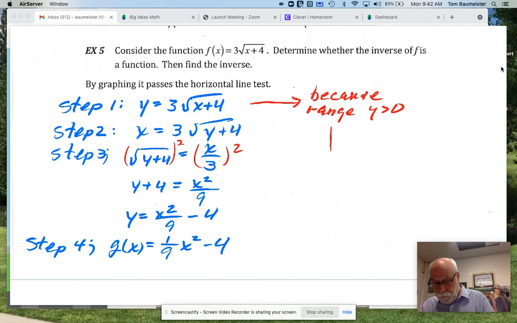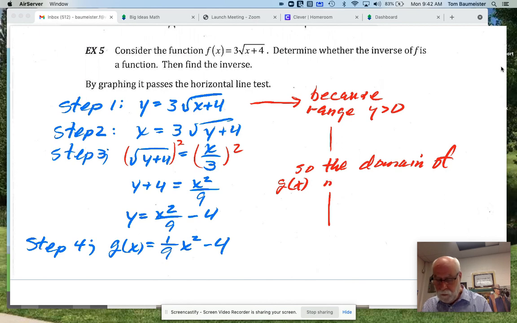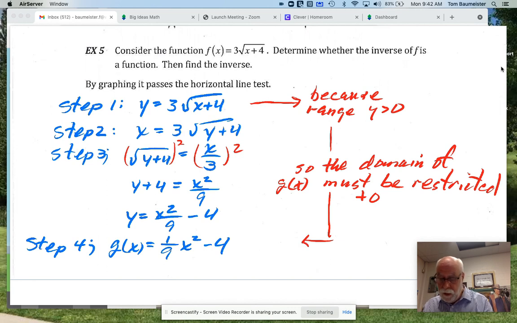So, since we know that, the domain of g of x must be restricted to, since we said y is greater than 0, remember here it's now our x.